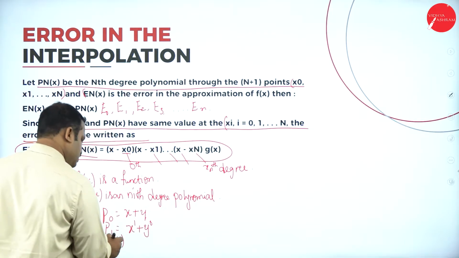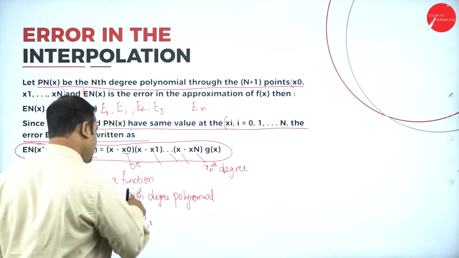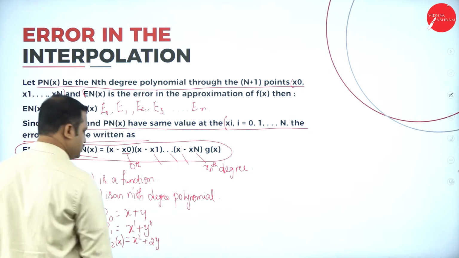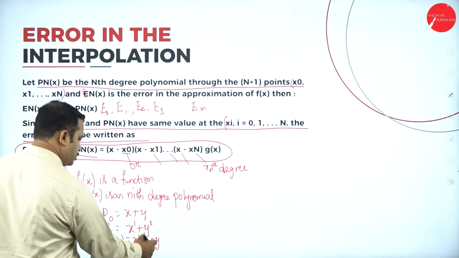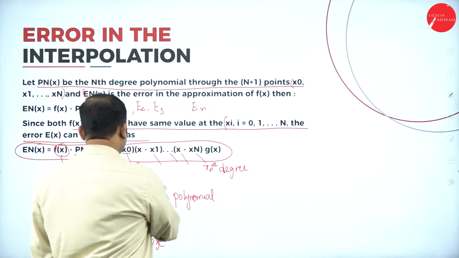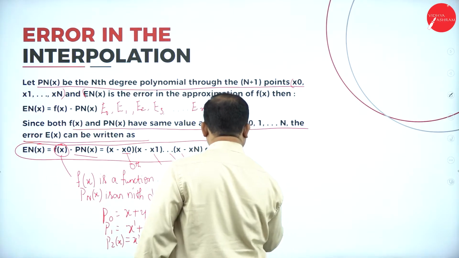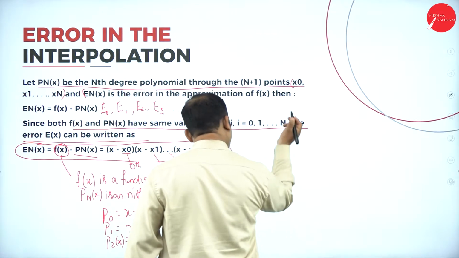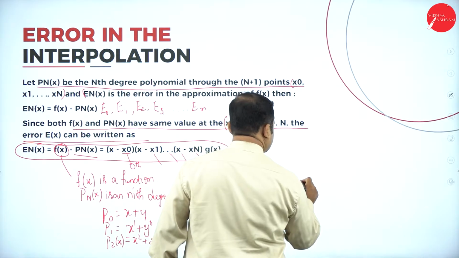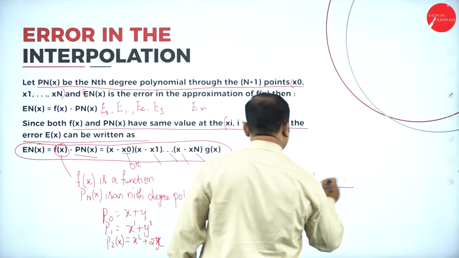P2 of x is second degree, x square plus 2x, something like this. So this is called second degree. Similarly, Pn of x, the nth degree polynomial, indicates x power n plus 2x power n minus 1, and so on. This is called the nth degree polynomial.